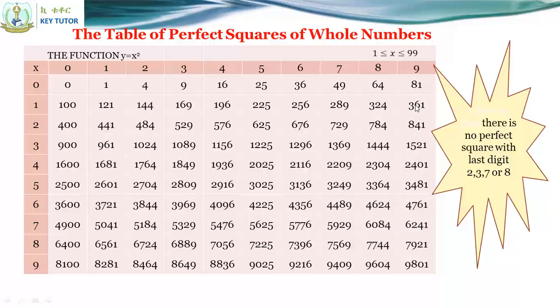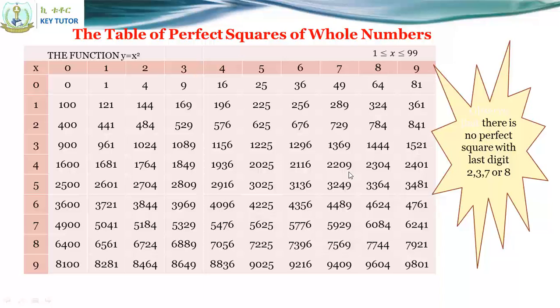Okay, so you can easily read this square table just by taking one row header and one number as a column header. You join them, then the square will be on the intersection.